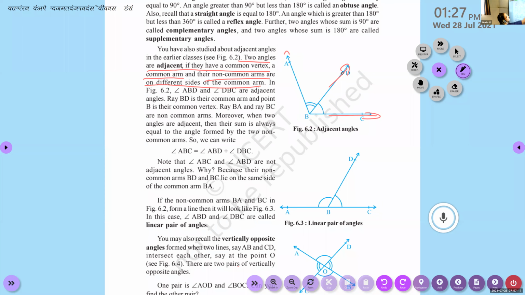Okay, so children, can I ask a question? What about angle ABC and angle DBC? Are they adjacent? Look at the figure. Angle ABC and angle DBC, are they adjacent?